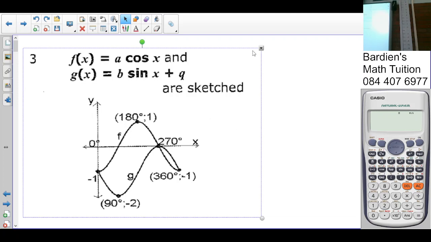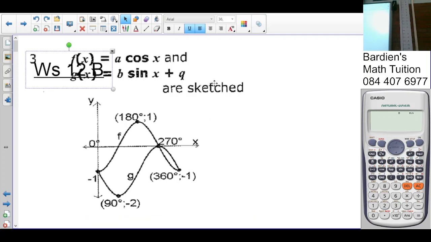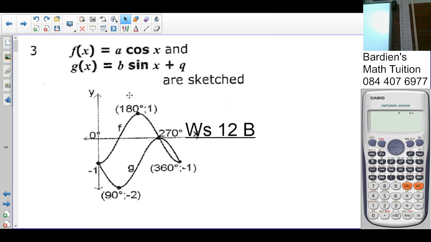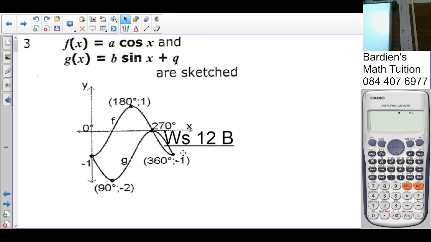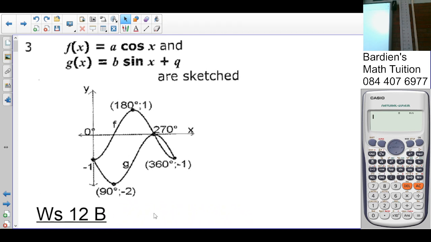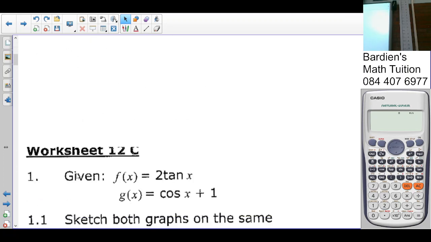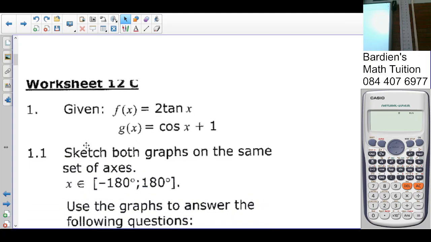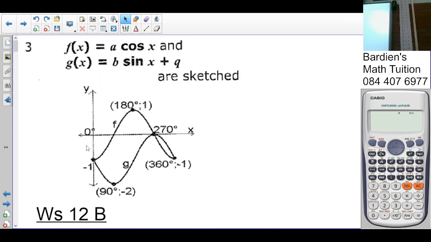Number 3. In number 3 we are told that f of x equals a cos x and g of x equals b sin x plus q are sketched. The question says we must determine the equation of the graphs.